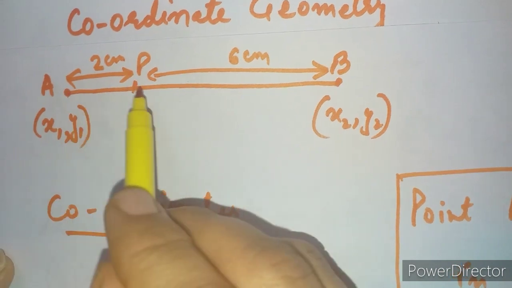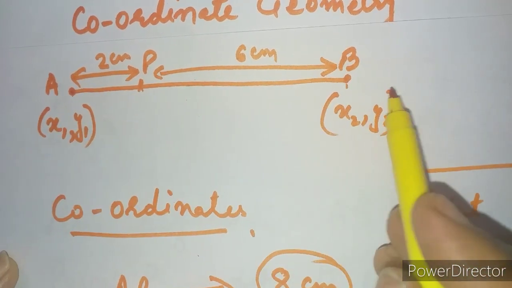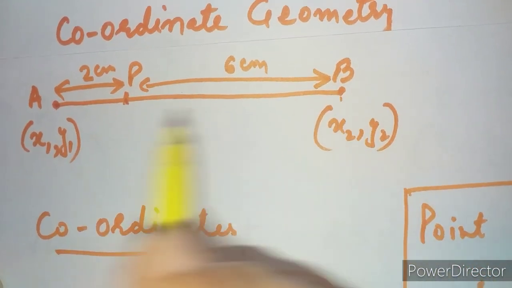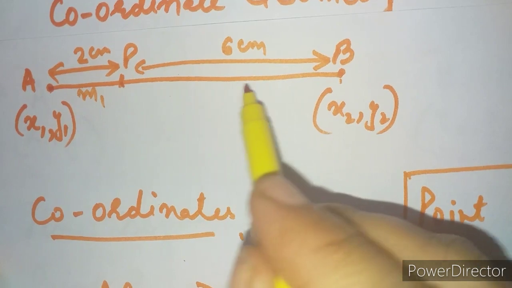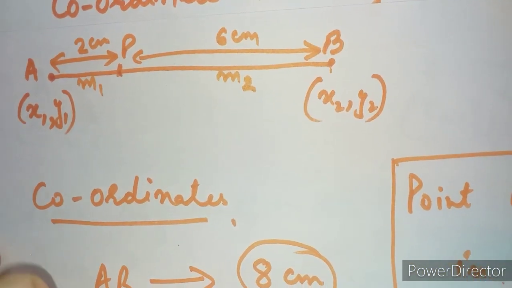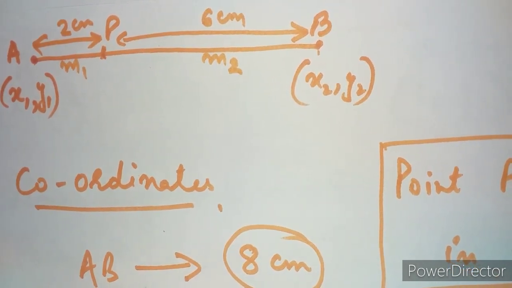Point P divides line AB. Line AB is there, point P is there. Point P divides line AB in the ratio M1 ratio M2.